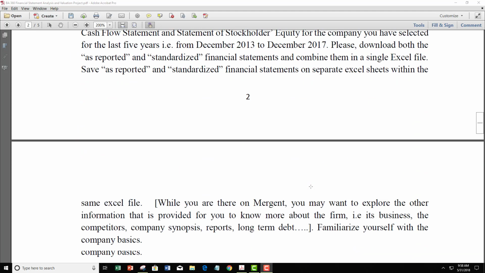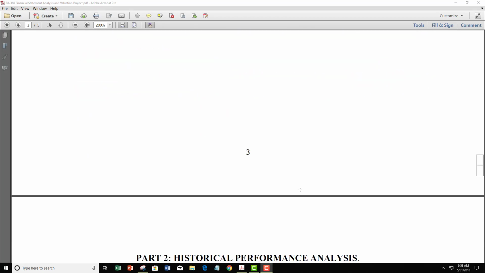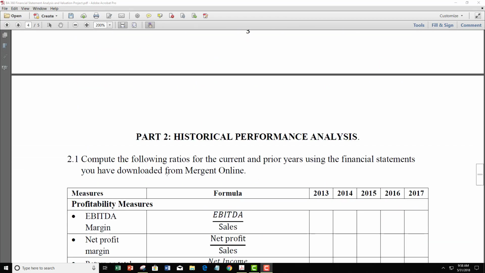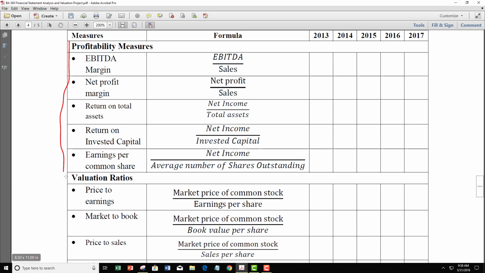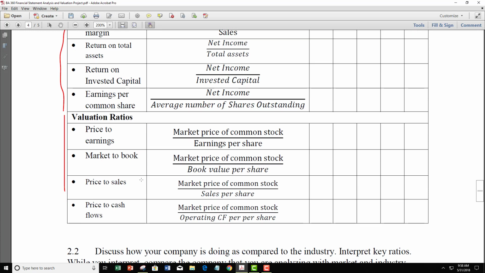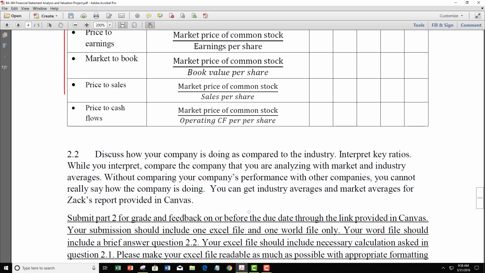In part 2, there are 2 questions, and the first question asks you to compute these ratios. Once you compute these ratios, the second question asks you to interpret and analyze the company using these ratios. That's part 2 of the project.